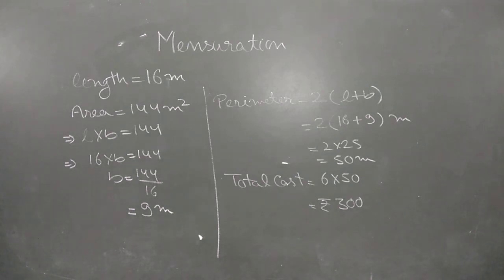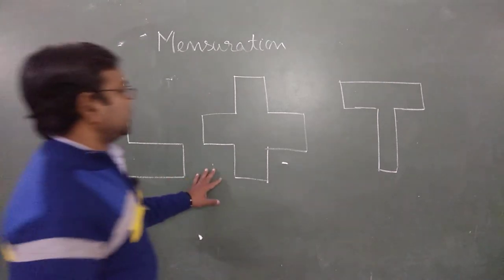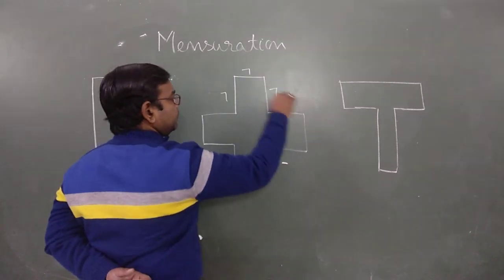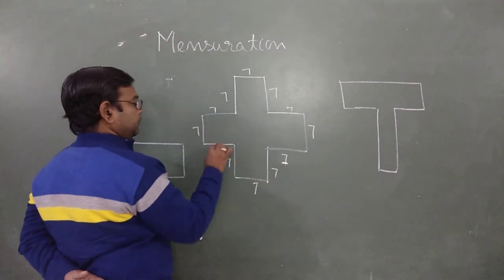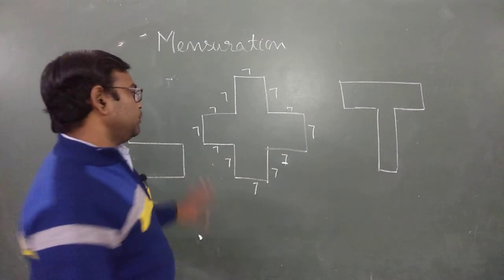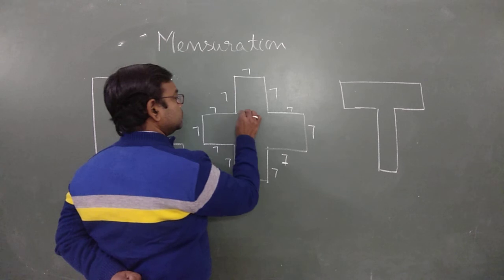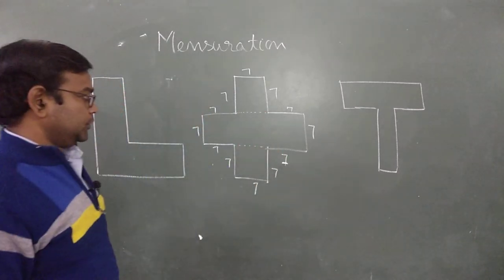There are some pictorial based questions given in every book. I am going to give you a hint on how to solve them. You have this type of figure and some measurements must be given. For example, in this case, all these sides are given as 7, 7, 7, 7, 7 units. The question says to find out the area. In this type of question, first try to divide the figure into 2 or 3 known figures.